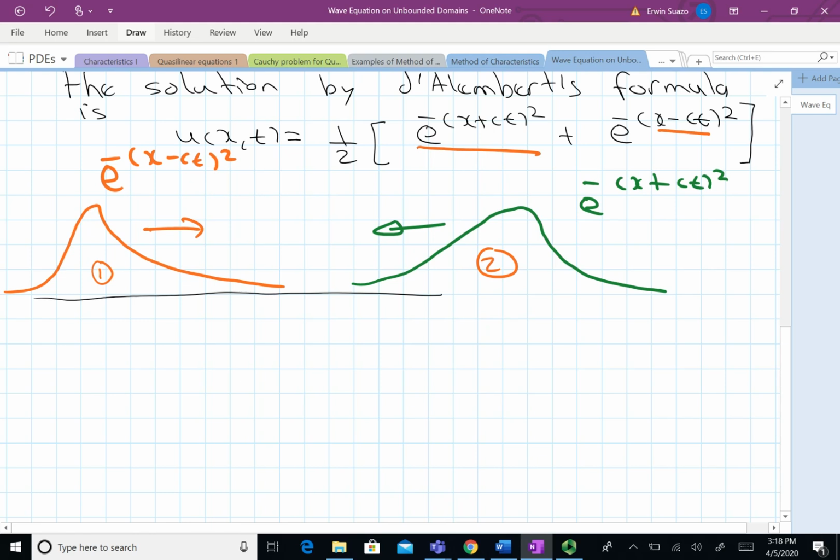Let me erase this one and try to make it better. A little bit better. So there's exactly the same wave.